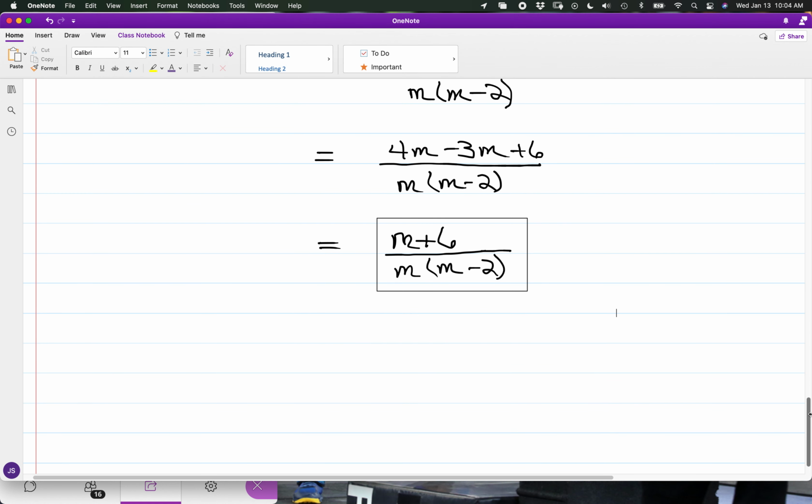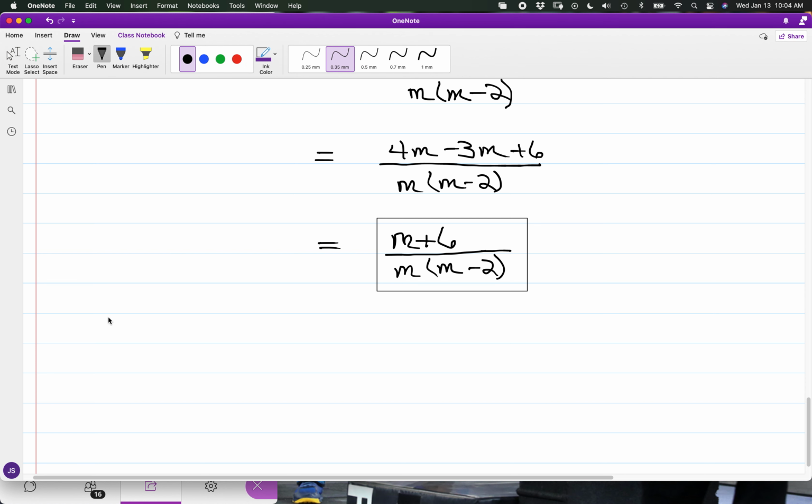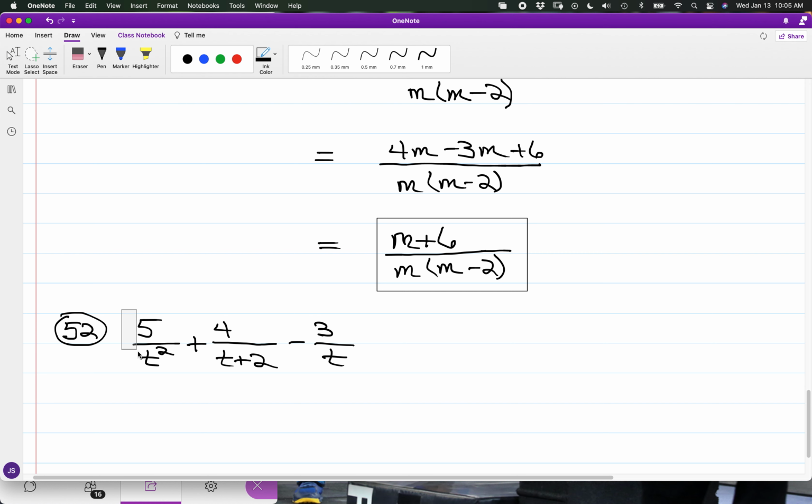All right, now in looking at combining fractions, okay, now we have a trio in the case of number 52. Whereupon we have 5 over t squared plus 4 over t plus 2 minus 3 over t. And looking at establishing the least common denominator.